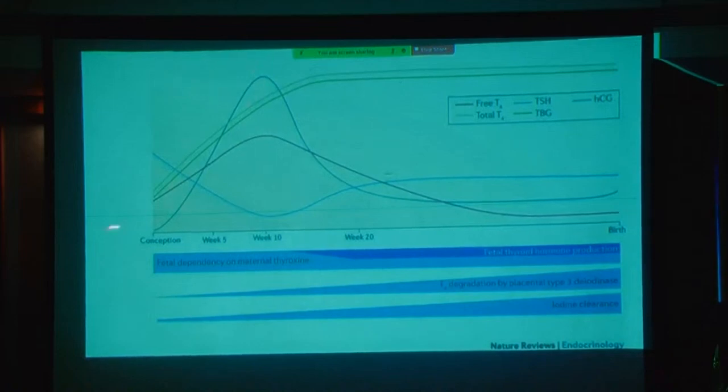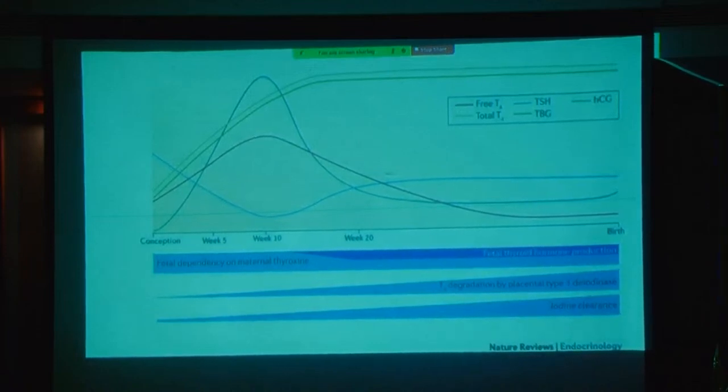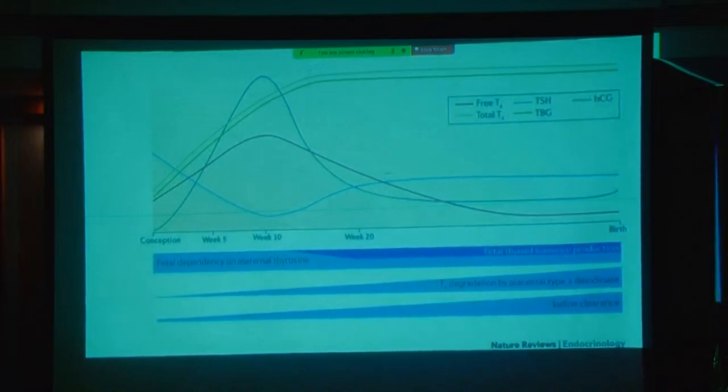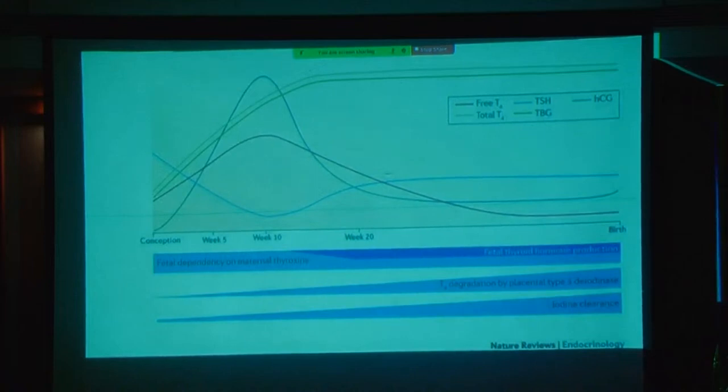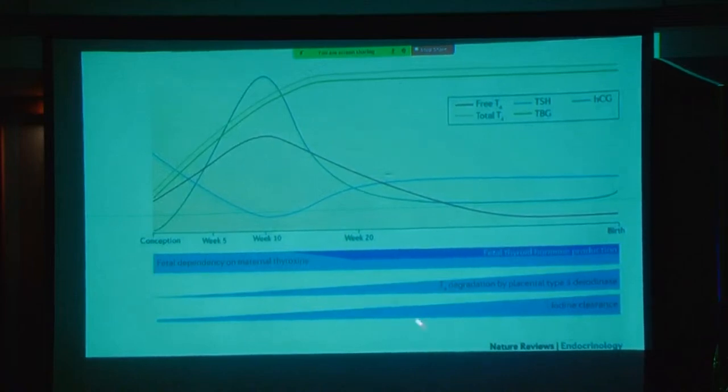Okay. This is what you see during the first 12 weeks. Up to 12 weeks, you need 100% supply of thyroxine for the baby, because the baby's thyroid gland starts developing only by 12 weeks and sufficient hormone is produced only by 20 weeks.